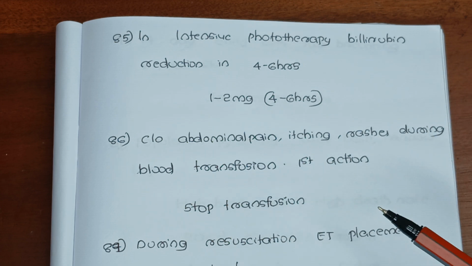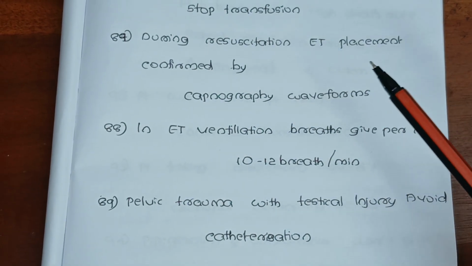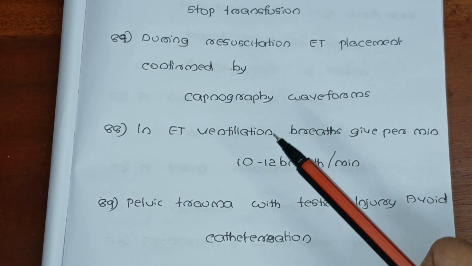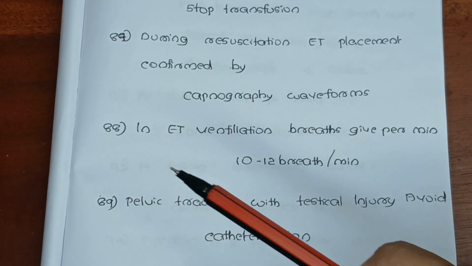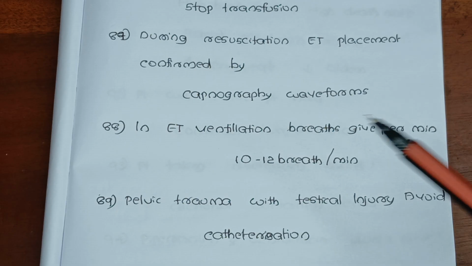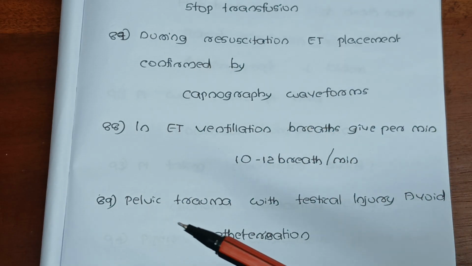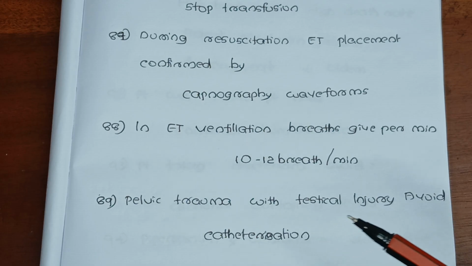Anaphylactic reaction occurred. 87. During resuscitation, ET placement is confirmed by capnography waveforms. 88. In ET ventilation, 10 to 12 breaths can be given per minute. 89. Pelvic trauma with testicular injury: patients should avoid catheterization.